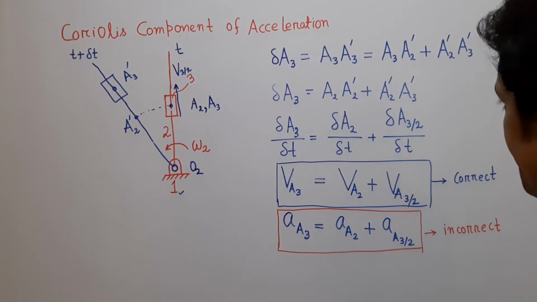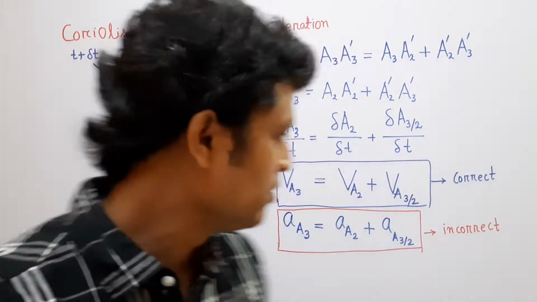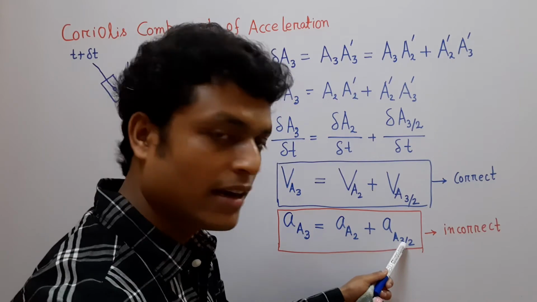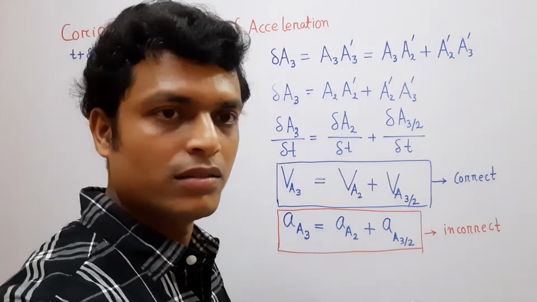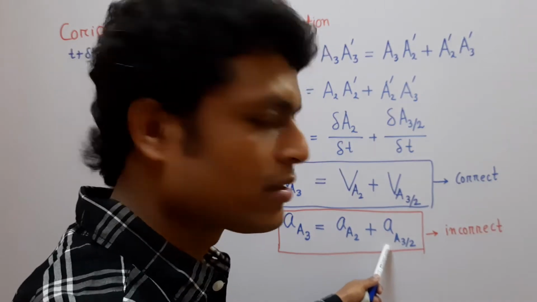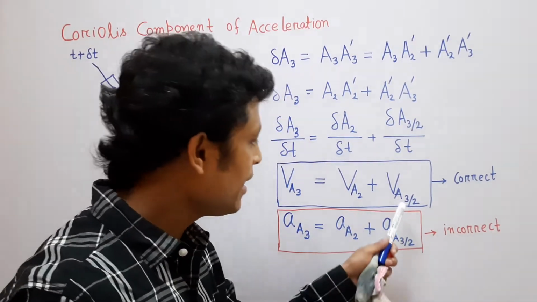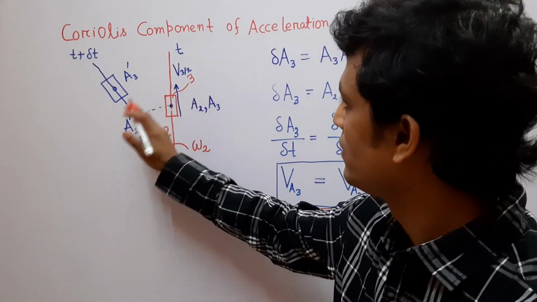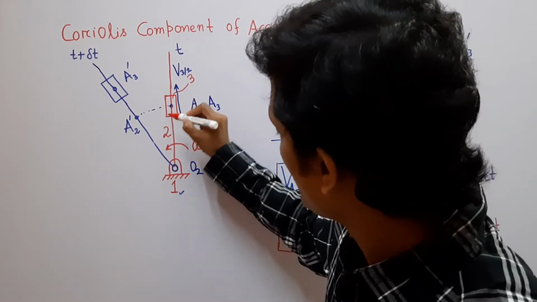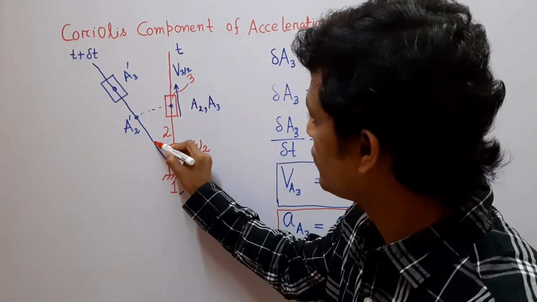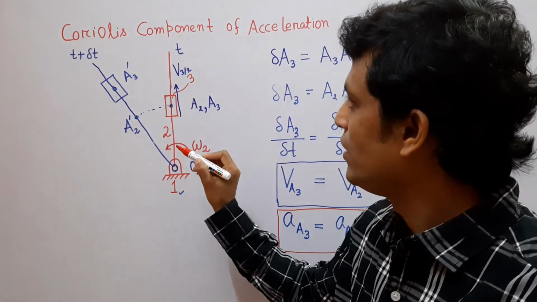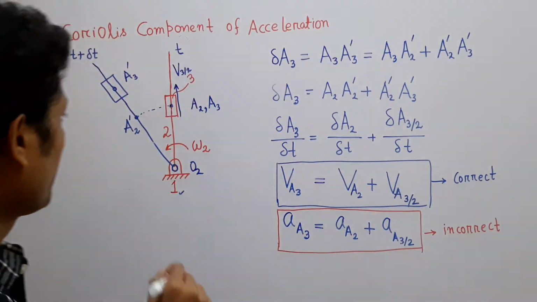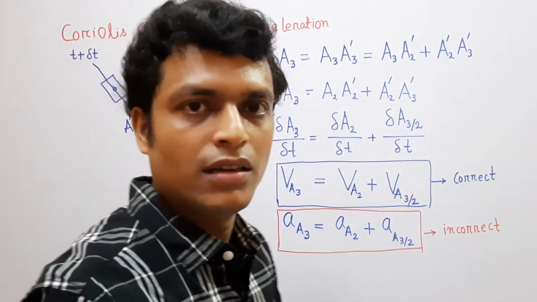Why is it incorrect? Because the relative acceleration of 3 with respect to 2 is what an observer sitting on link 2 experiences. But when the movement occurs, an observer sitting on link 2 will miss the transverse displacement.